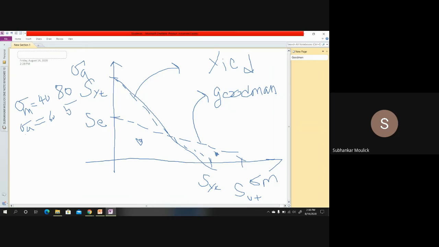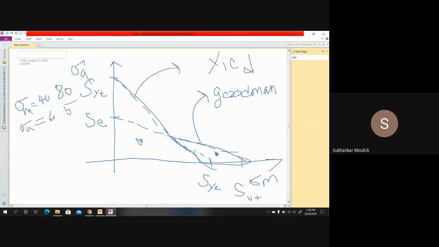But according to yield theory of failure, this point is coming outside the yield region. So the component is unsafe to design. Whatever point is coming in this region will be unsafe to design by yield line, but will be safe to design by Goodman line.